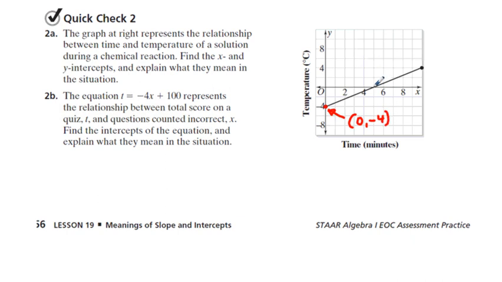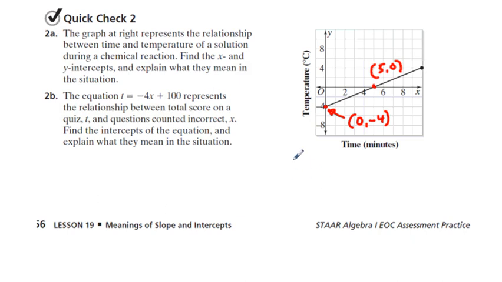And then our x-intercept is between 4 and 6. That's going to be 5, 0. And what do they mean in the situation?